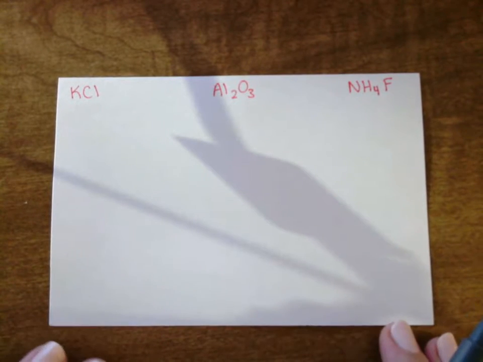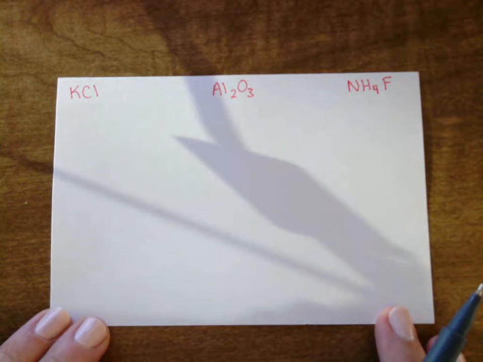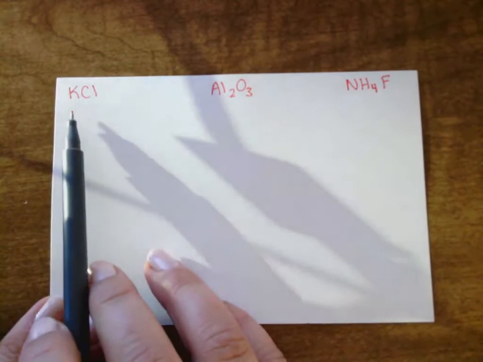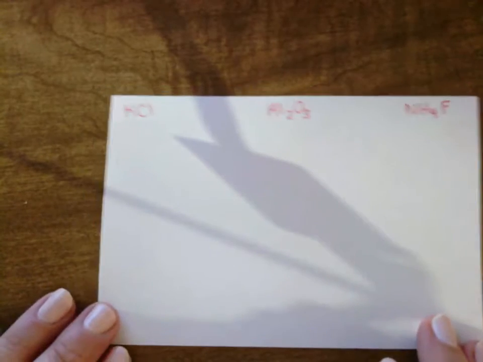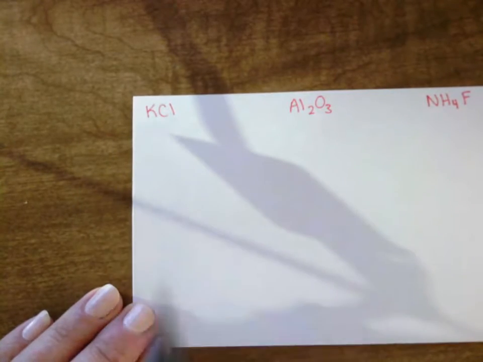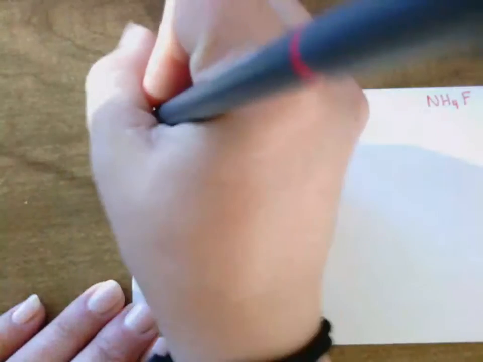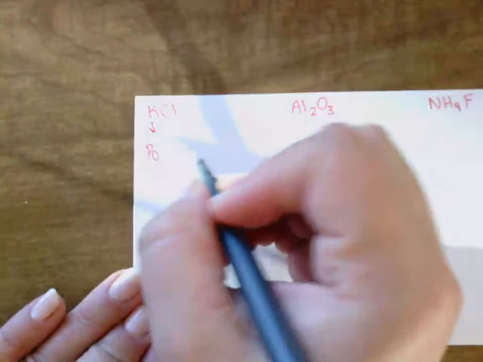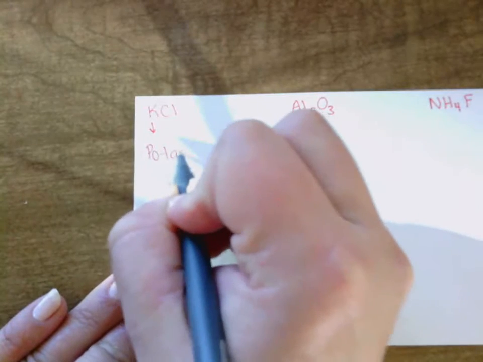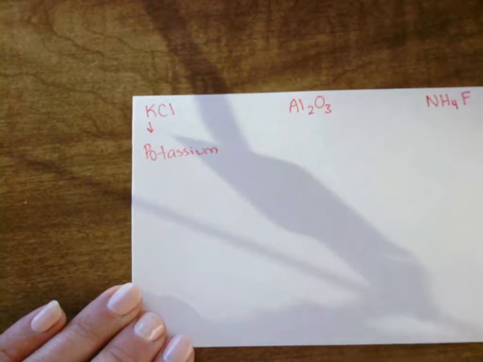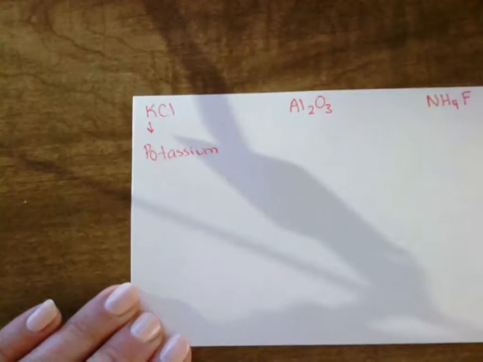All right, so let's go through a couple of examples of how we would turn a formula into a name. So in my first example here, I have a formula written out. I have KCl. So I know from using my periodic table or from my memory that K is potassium. And then Cl would be chlorine.